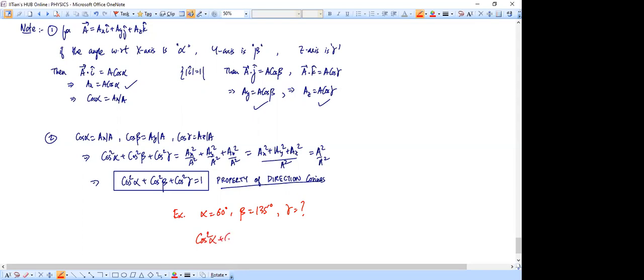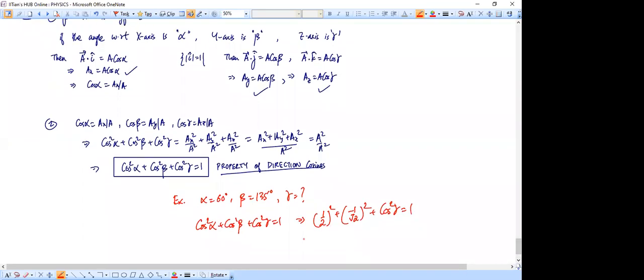Cos square alpha plus cos square beta plus cos square gamma must equal 1. Cos 60 is half, so cos square 60 is 1 by 4, and this sum becomes 3 by 4. 1 minus 3 by 4 is 1 by 4, so cos gamma must be plus or minus 1 by 2.